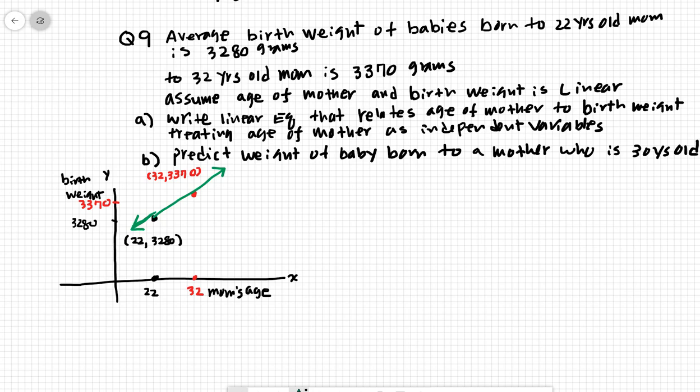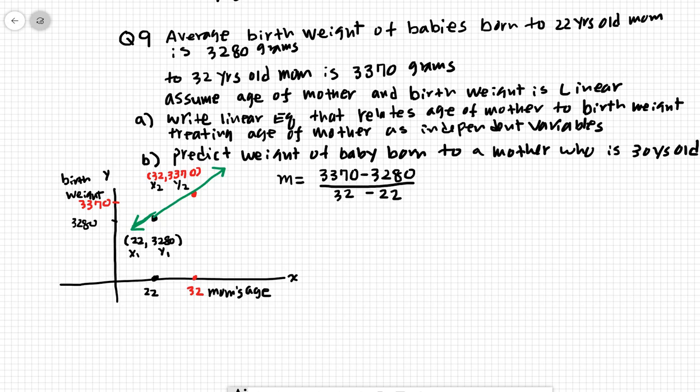Okay, so here we go. We're going to have to find the slope first. So m is going to be equal to, let's call this x1, y1, and call the other x2 and y2. So y2 minus y1, you got 3370 minus 3280, divided by x2 minus x1, which is 32 minus 22.